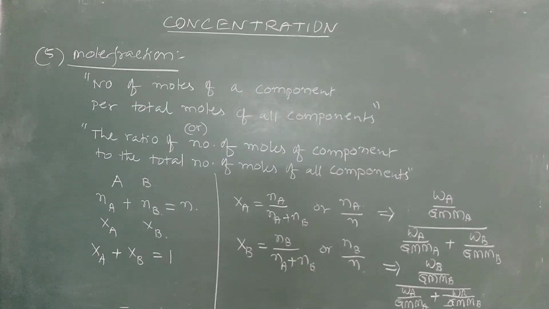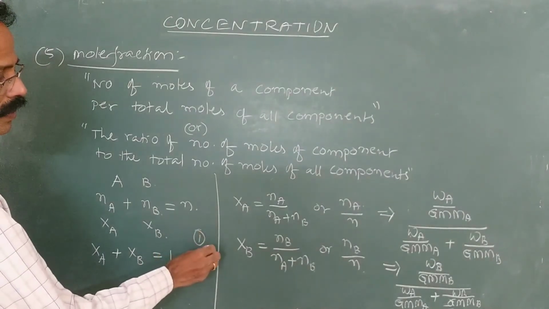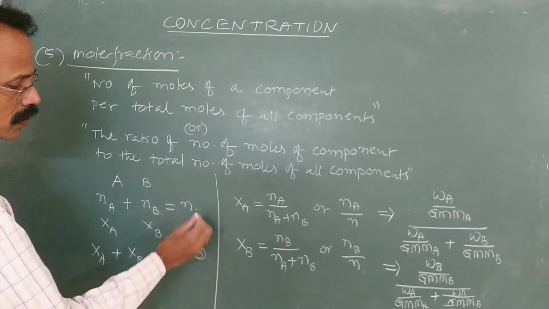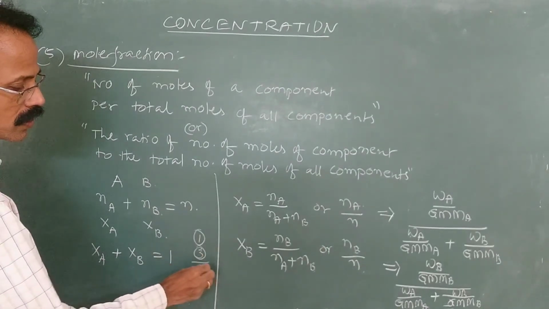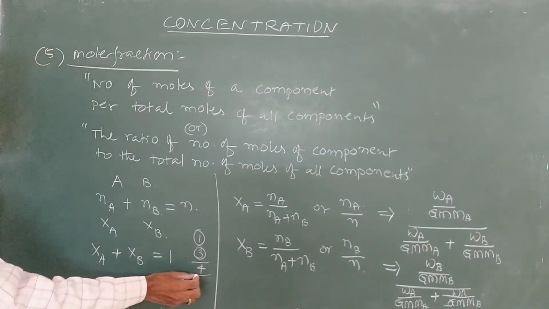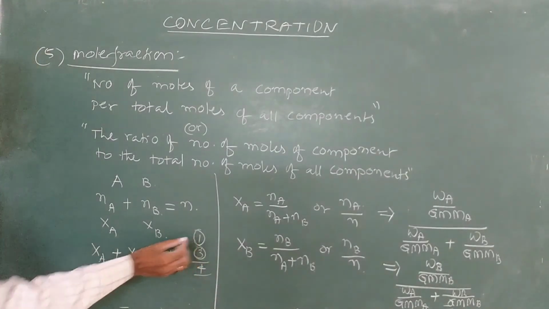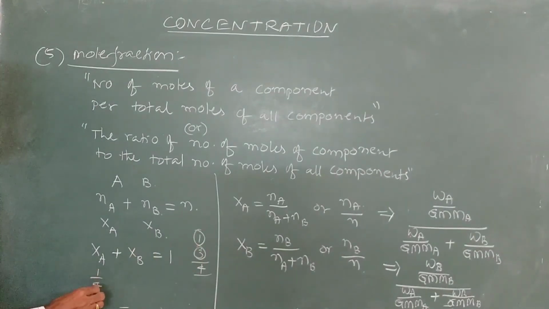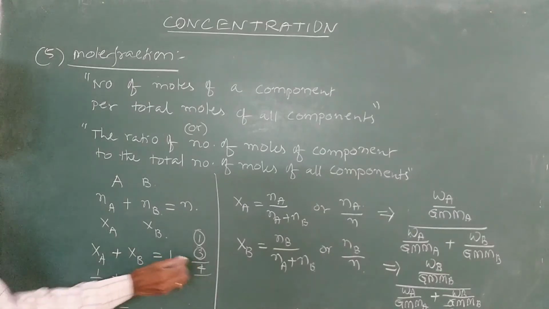So in the earlier example, 1 mole of A and 3 moles of B were taken. So the total moles will be equal to 4. Now what is the mole fraction of A? That is equal to 1 by 4, right? And similarly the mole fraction of B is 3 by 4.